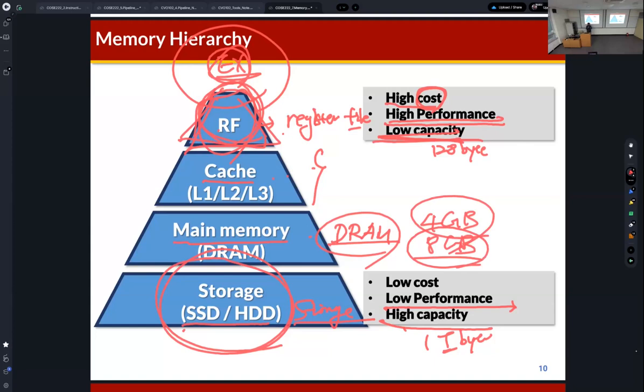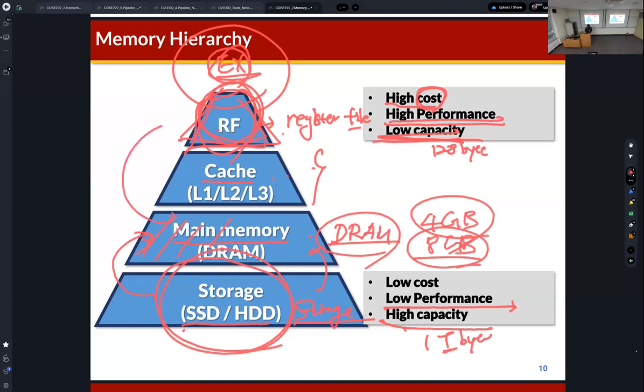But when we launch a program, the program is transferred to the main memory, so DRAM. Most data exists in the storage devices, but when the program is launched, the required data is read from the storage devices, and only part of the data is stored in the main memory.